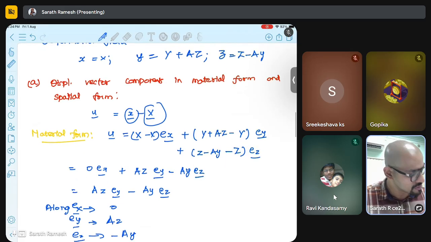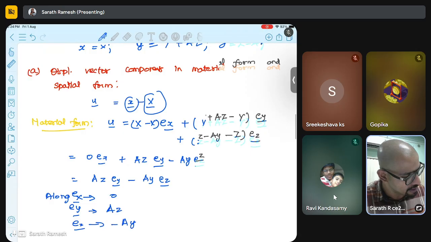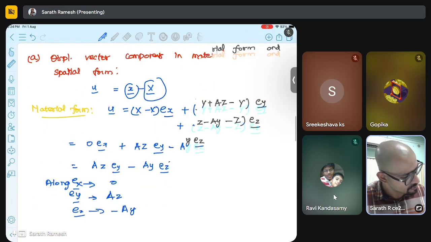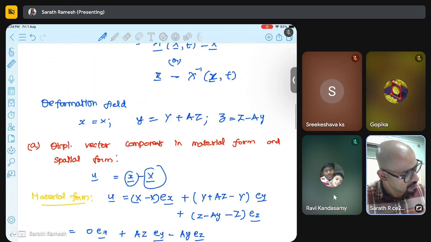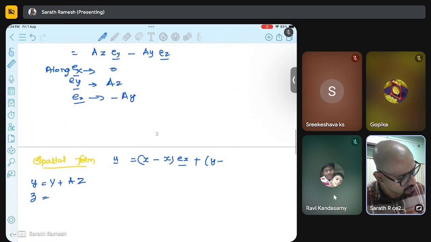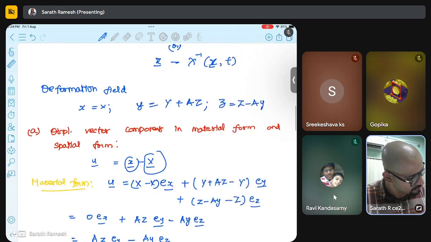So let's do that. y is equal to capital Y plus AZ, as given. Let's do the substitution method. And small z is equal to capital Z minus AY.